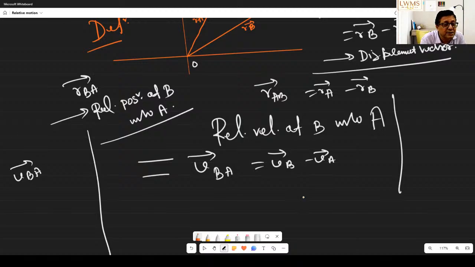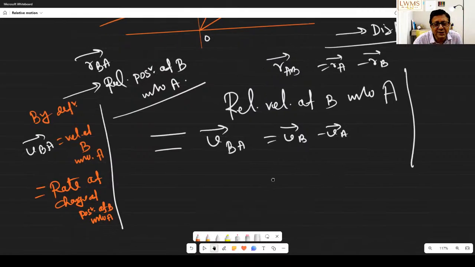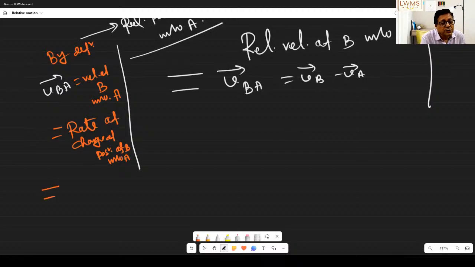VBA by definition is the velocity of B with respect to A. This is a rate of change of position of B with respect to A, isn't it? So this thing is d/dt of RBA.